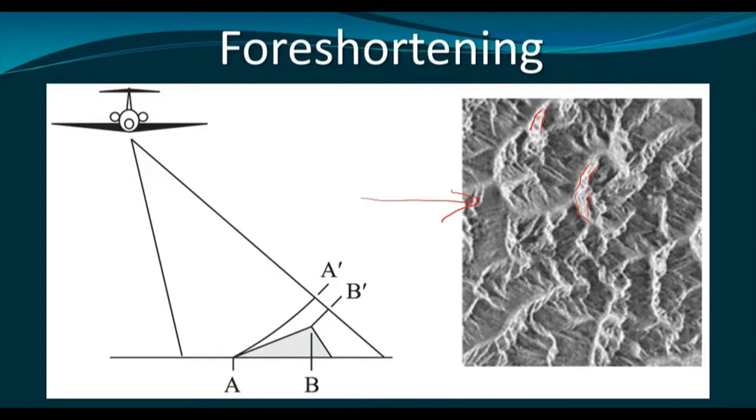Okay, so this is called foreshortening, and definitely it complicates the image interpretation, and also because the slope is facing towards the radar, it will reflect a higher amount of energy towards the radar, and as a result the foreside of the slope will appear very bright in comparison to the other areas.